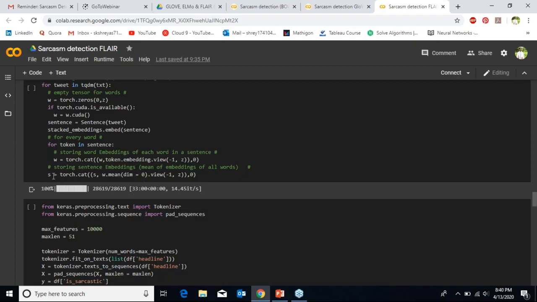S is a sentence embedding. What is a sentence embedding? Suppose a sentence is composed of many words. The embeddings that you get for each word in a sentence are averaged out. So this is the average of all the words in a particular sentence, and that will be the sentence embedding.